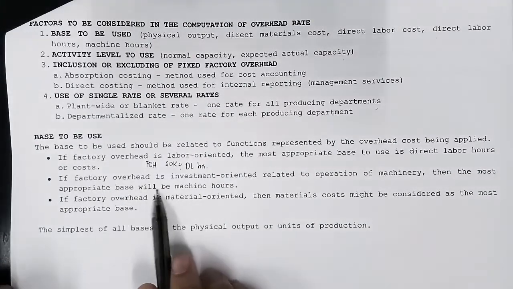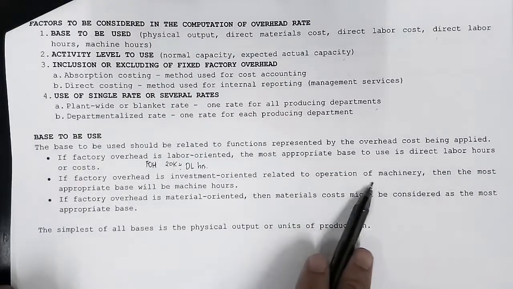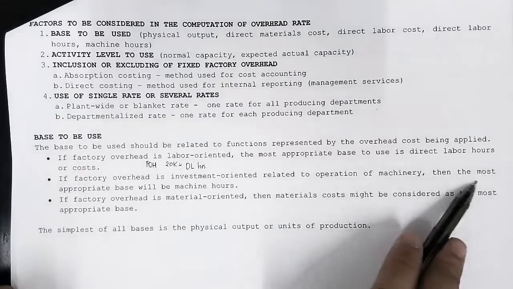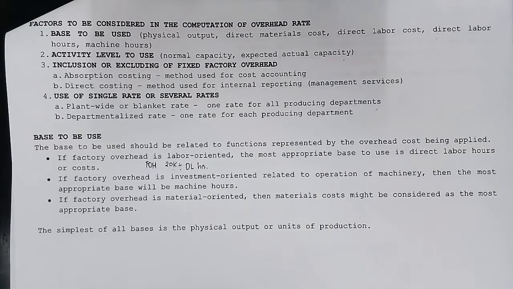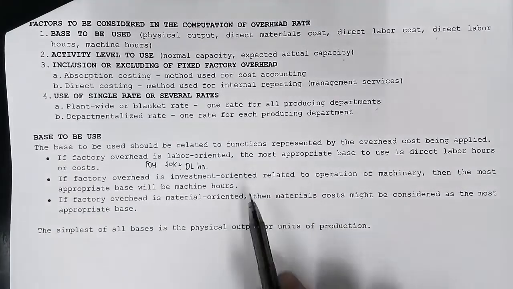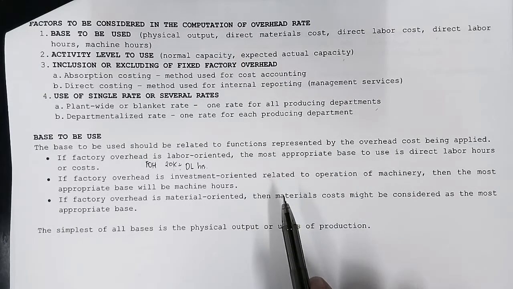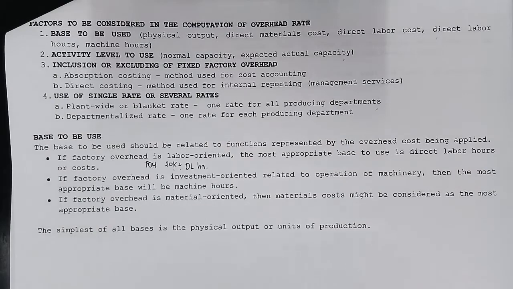If factory overhead is investment-oriented related to the operation of machinery, then the most appropriate base will be machine hours. So, ibig sabihin naman, kung karamihan sa factory overhead mo ay investment-oriented, related sa machinery, ang base natin will be machine hours.